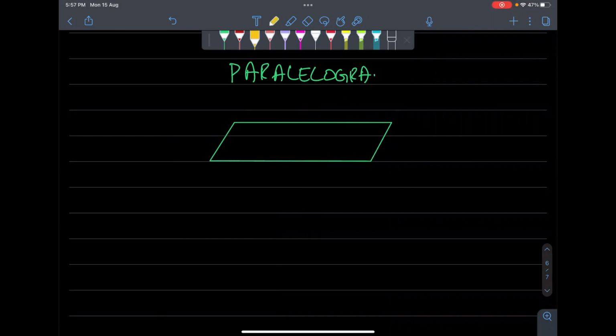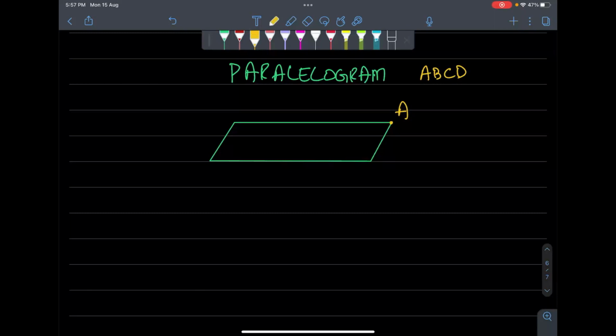Now, for parallelogram, please notice first one thing. If this is A, and imagine the examiner has not given you coordinates, but it says parallelogram ABCD. If the examiner says parallelogram ABCD, how will you know where B is now?